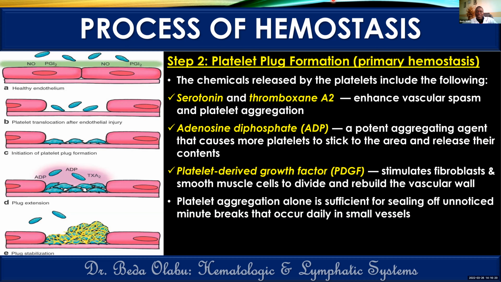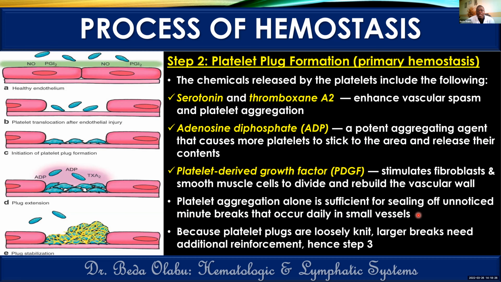These ones usually affect the smaller blood vessels. So that mechanism is very important. Otherwise, we'll be losing a lot of blood on a daily basis if platelet aggregation wasn't there. Primary hemostasis helped significantly.